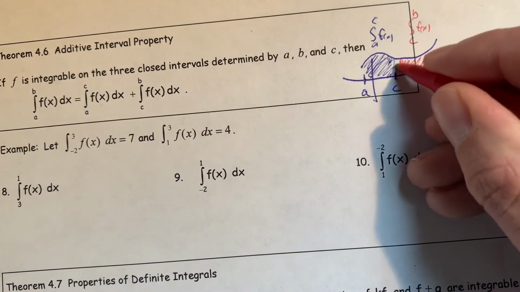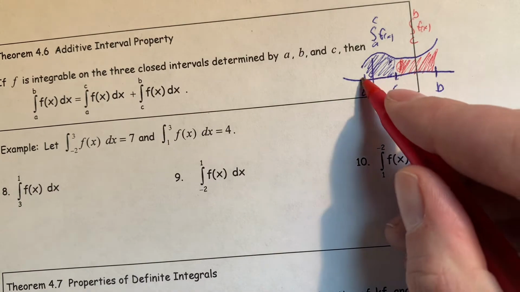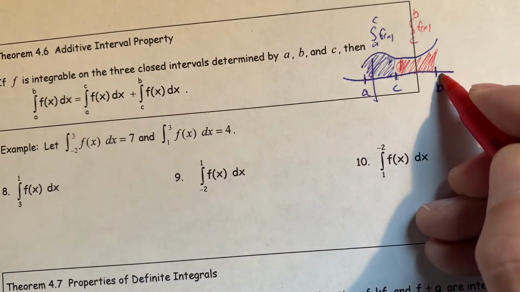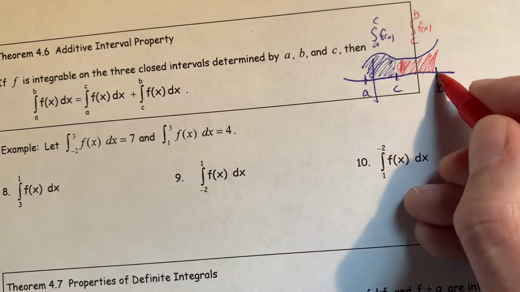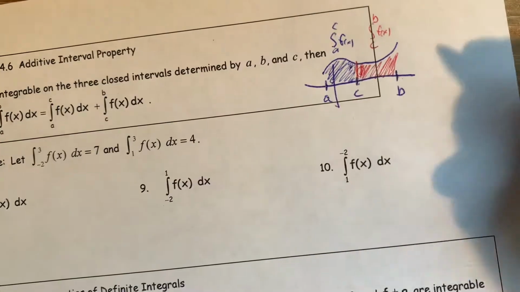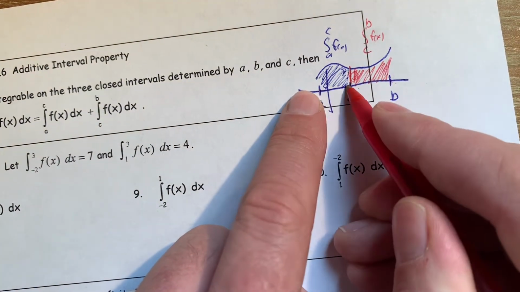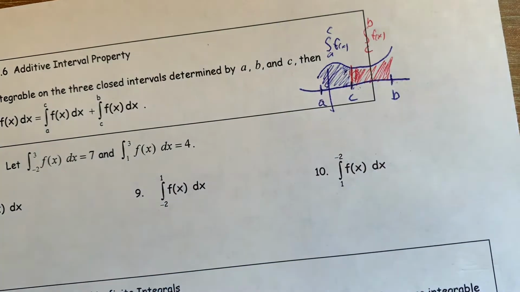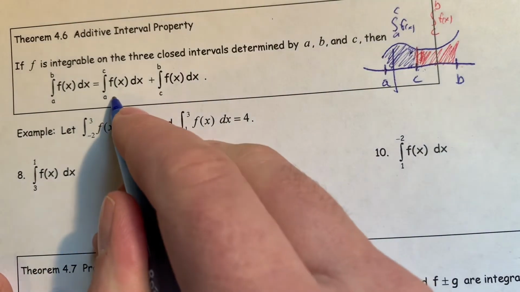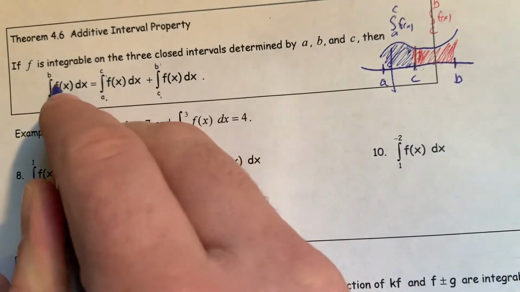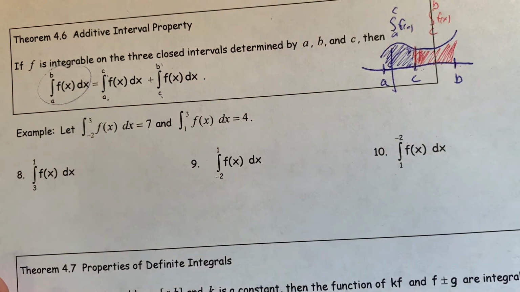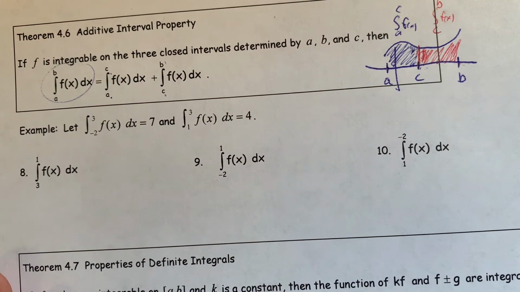And so what is the integral from a to c plus the integral from c to b? Well, it's the integral from a to b. It's basically saying you can split up areas from left to right. If you go from a to c and you go from c to b, that's the same as going all the way from a to b. So if you have integrals that get split up, it's just the integral from a to b. And it's useful in both directions.